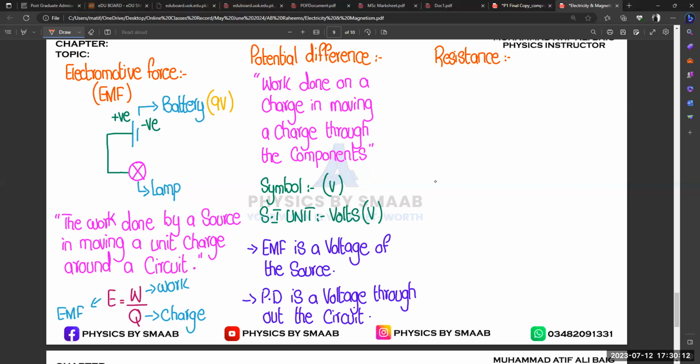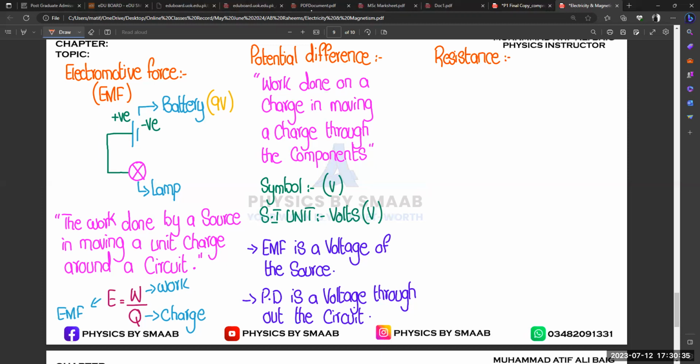Suppose you consider a daily life situation: if you are driving a car, your tire also faces an opposite force from the road, because the tire tries to move in the forward direction and the road tries to apply force in the opposite direction. That is friction, right? The same goes for charges.